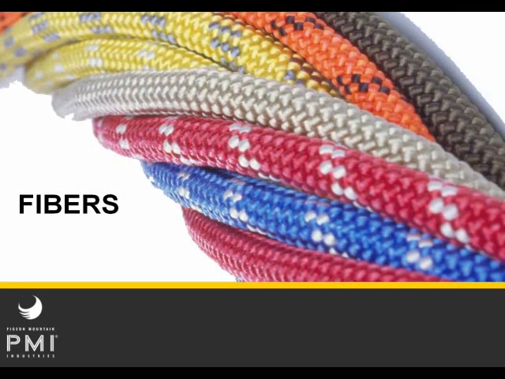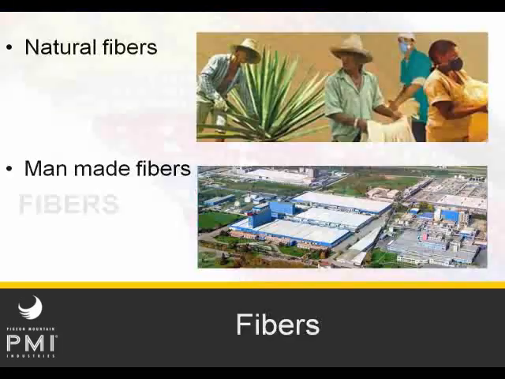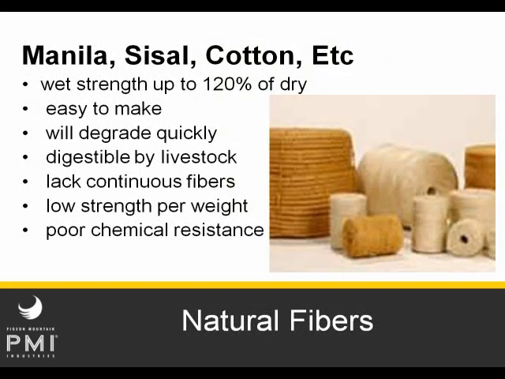But since we got to the subject, let's talk about fibers just a little bit. We need to talk about all of the fibers, and we'll start with big groupings like natural fibers and man-made fibers. Steve Hudson likes to say that this picture shows two different types of rope plants. On the top, there's a natural fiber rope plant, and on the bottom, there's a man-made fiber rope plant. Natural fibers, such as manila, sisal, cotton, shouldn't really be used for life safety applications.